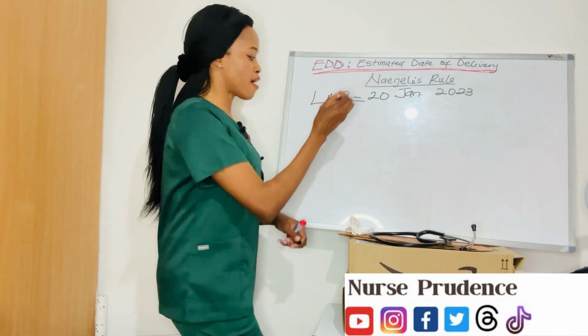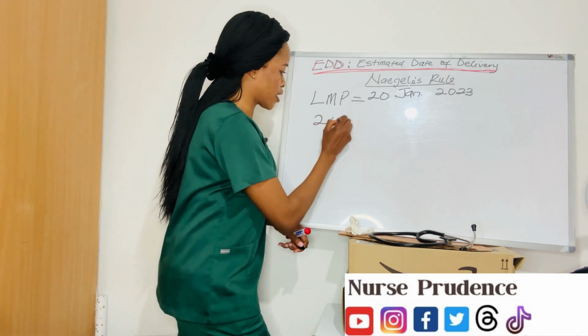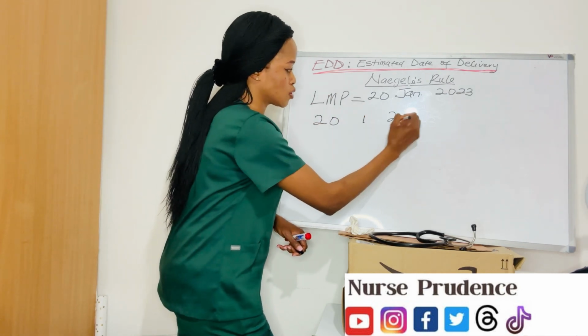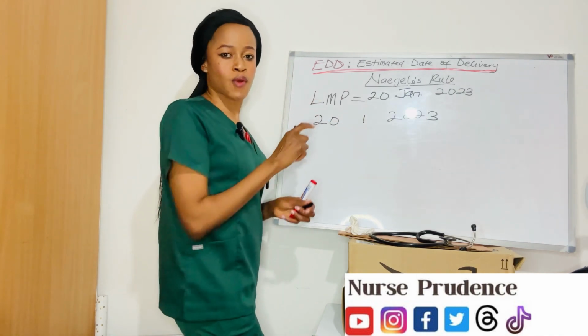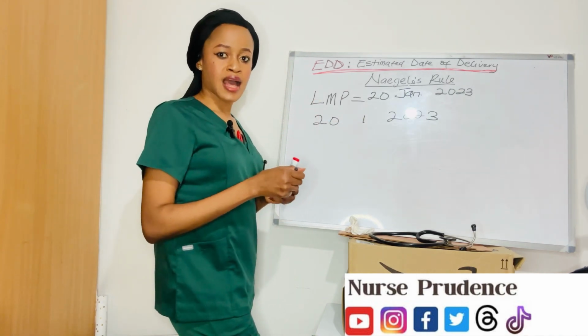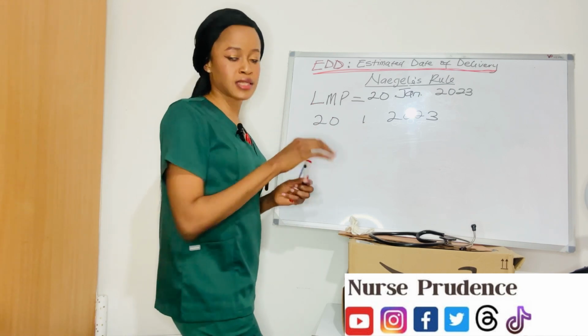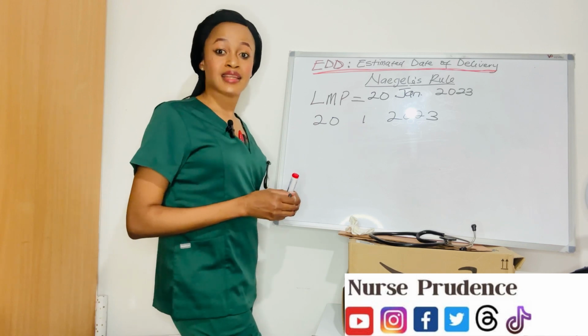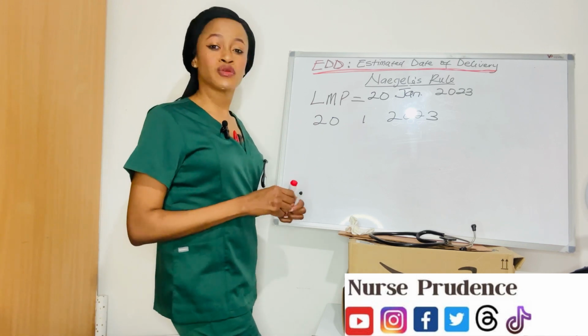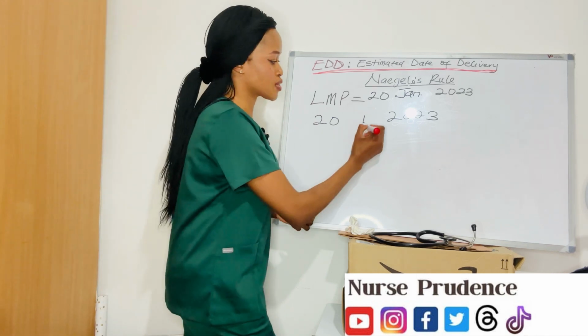So now, we have 20th of January. January is 1, 2023. You cannot minus 3 from 1. It's not possible. And we have 2 formulas for doing this. Number 1 is, because pregnancy lasts for 9 months, all you need to do is to do plus 9 here.